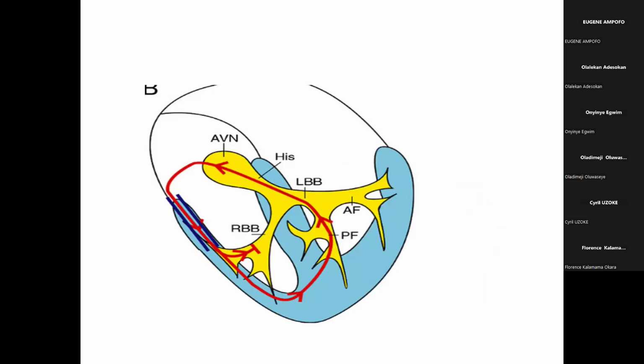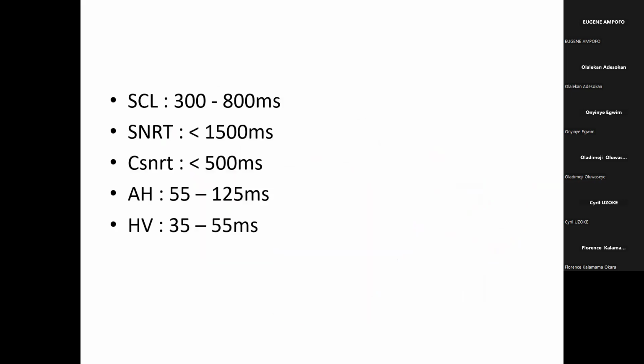Okay. Yeah, so there are some time intervals we check when we do EP, but it would not be good to bore you with the time intervals.